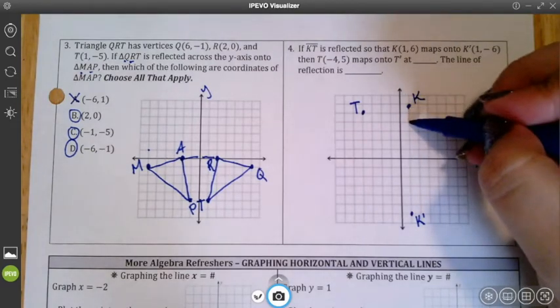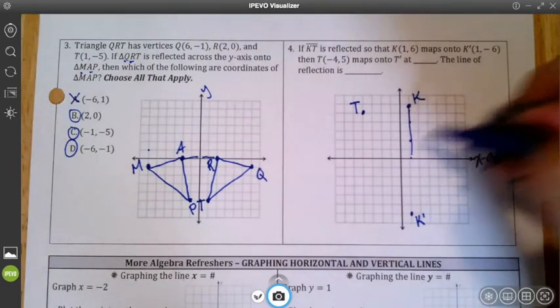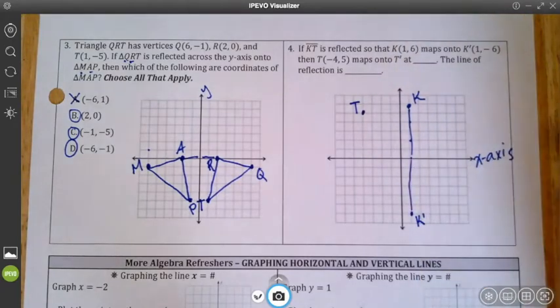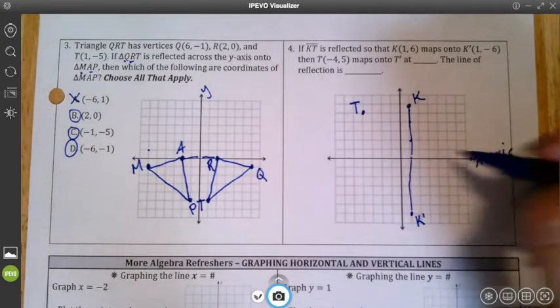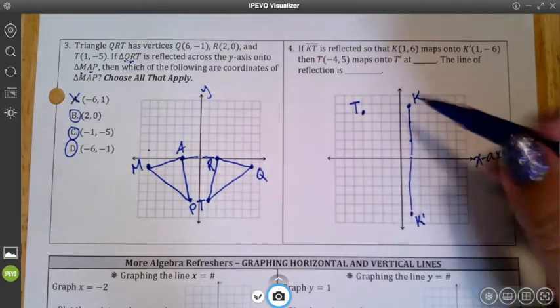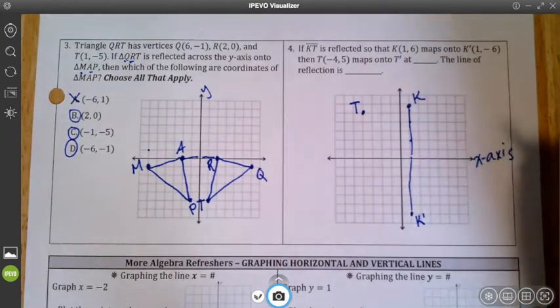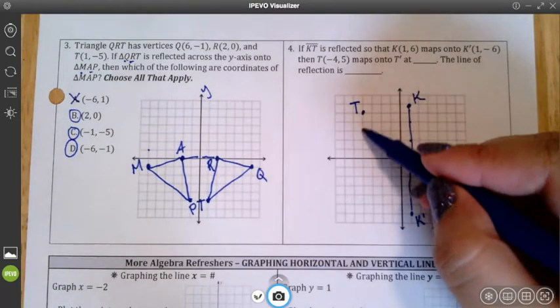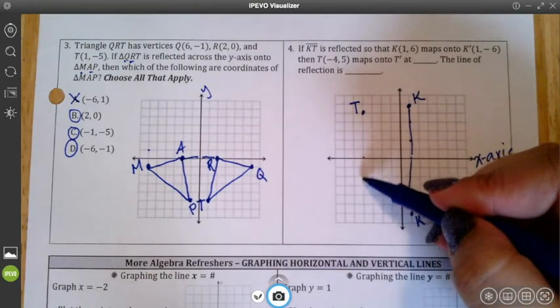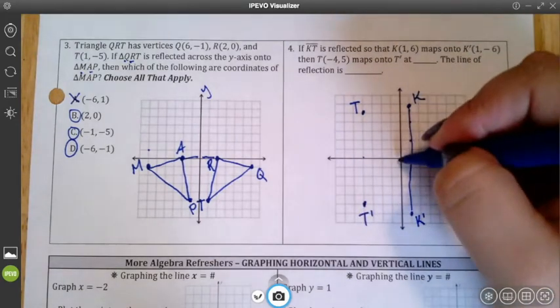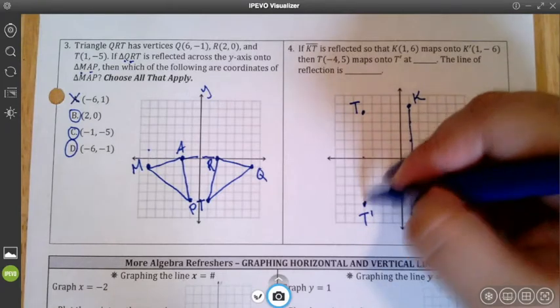We can double check. 2, 4, 6, that was a distance of 6. 2, 4, 6. This is also a distance of 6. So how do you know where the mirror is, where the line of reflection is? It's halfway between those points and perpendicular to that line. T prime will be 2, 4, 5, 2, 4, 5. T prime. So that coordinate is -4, -5.